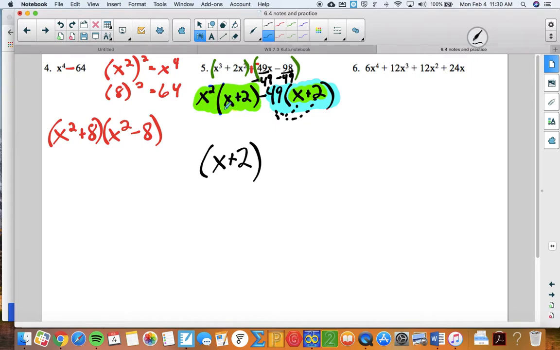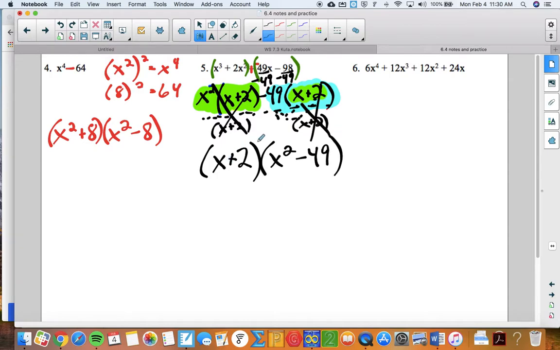So I'm taking it out here, and I'm taking it out here, or factoring it out. So then to figure out what's left in the parentheses, you divide. So this x plus 2 cancels out, and I'm left with x squared, and the x plus 2 cancels out there, and I'm left with negative 49.